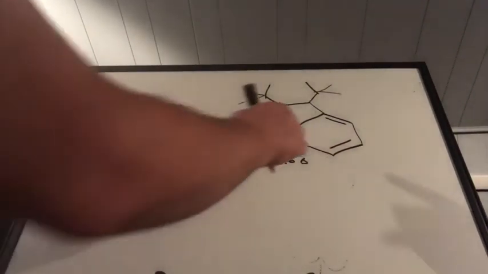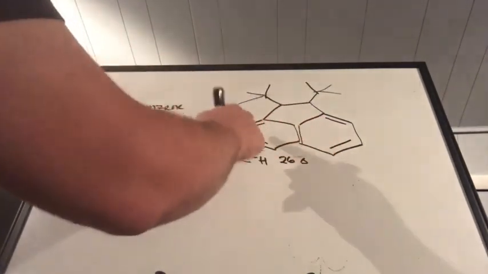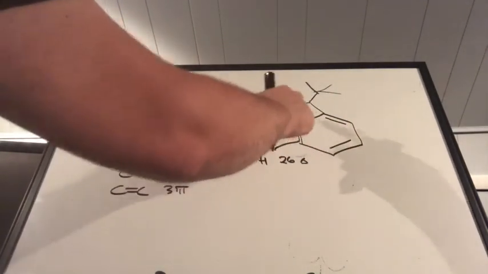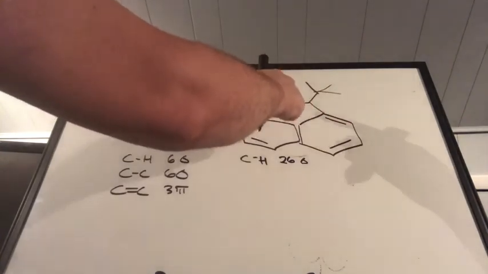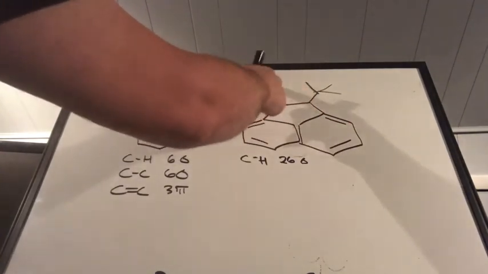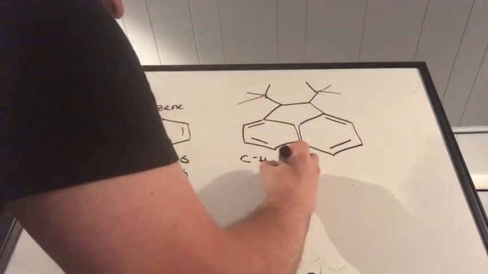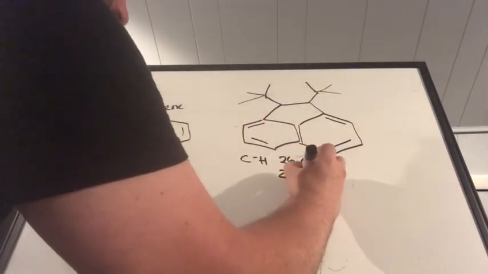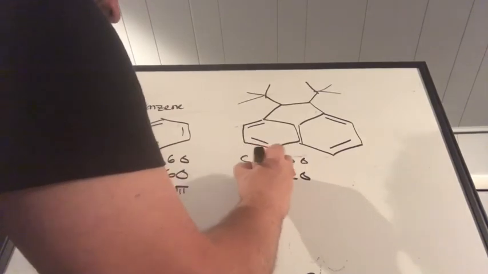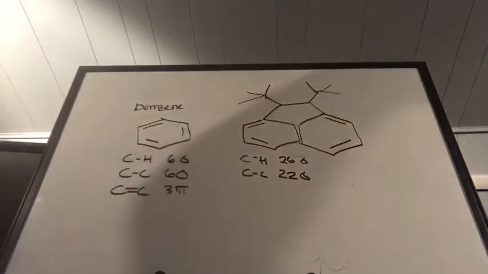How about from carbon-carbon? 1, 2, 3, 4, 5, 6, 7, 8, 9, 10, 11, 12, 13, 14, 15, 16, 17, 18, 19, 20, 21, 22. So 22 sigma bonds from CC. Okay, so for a total of 48 sigma bonds.